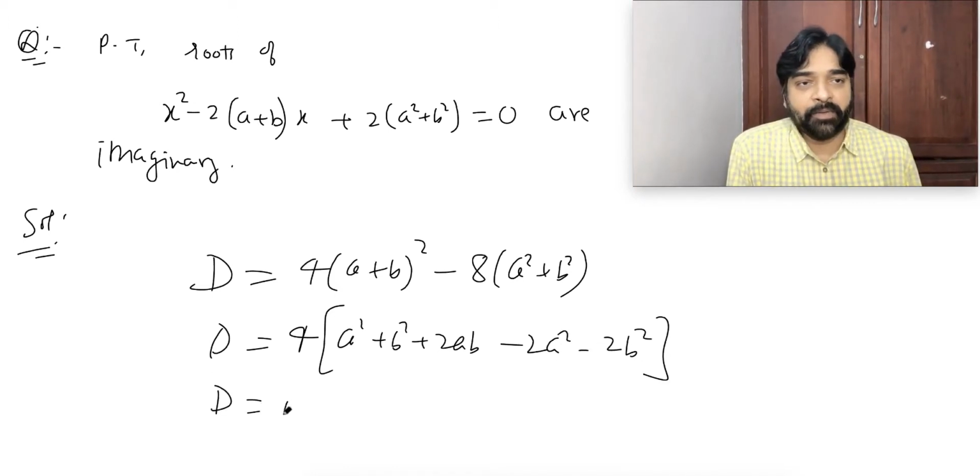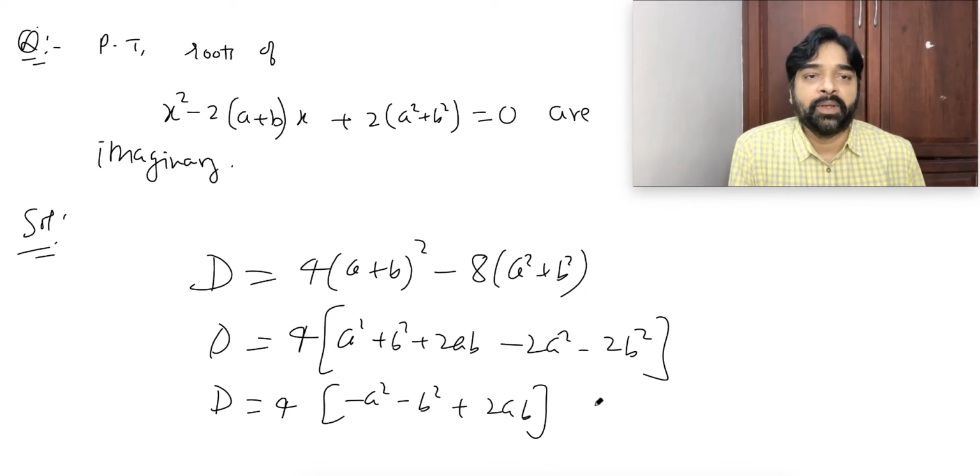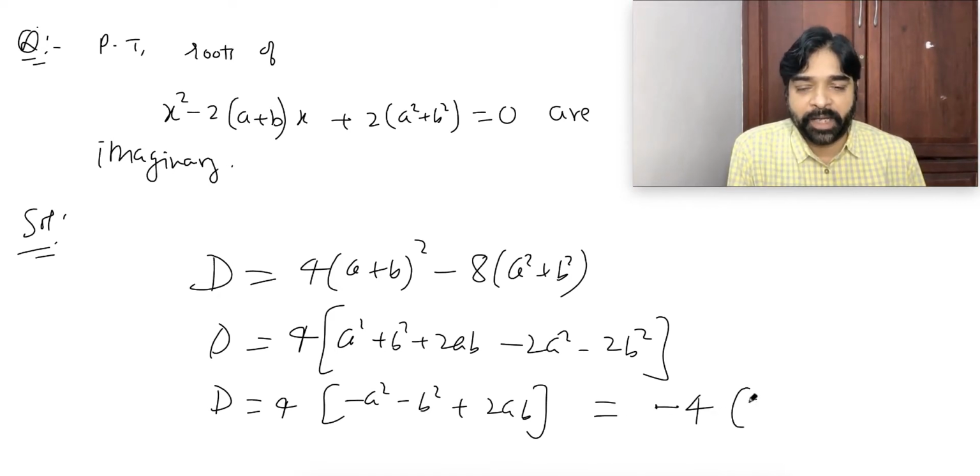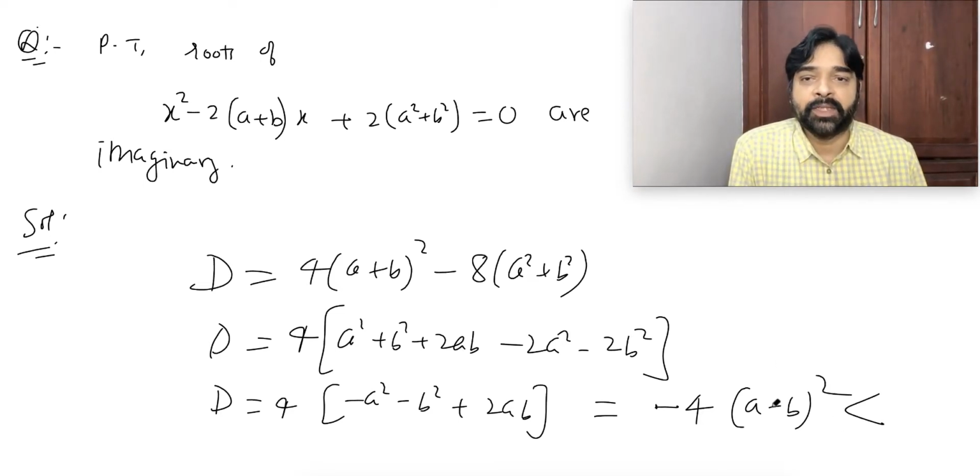So D will be equal to 4 into (minus a square minus b square plus 2ab), which I can write as minus 4(a minus b) the whole square, which is always negative.